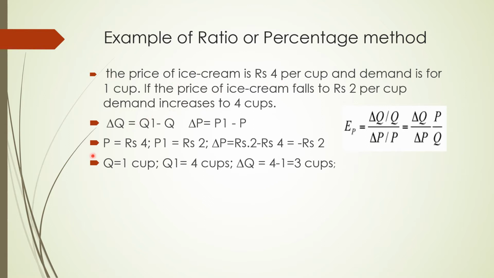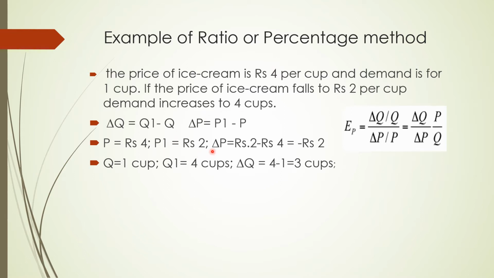In the example, P stands for 4. It means the initial price, whatever may be the first price, that is termed as P. And P1 stands for whatever may be the next price, the changed price. Here 4 to 2, so here 2 is the P1.